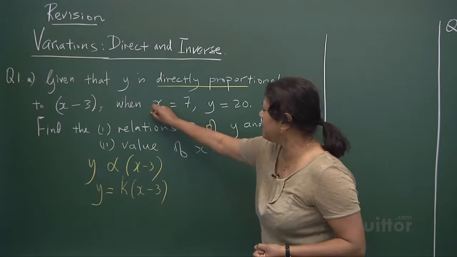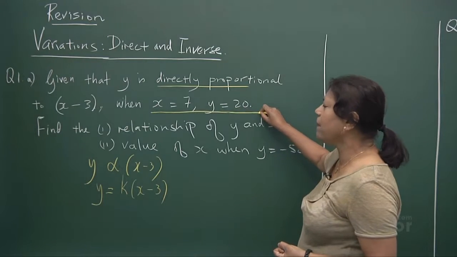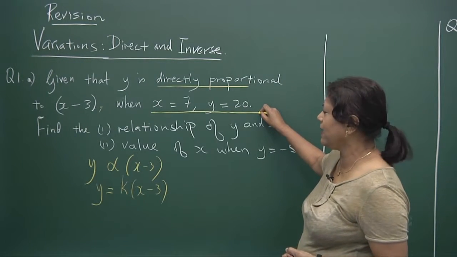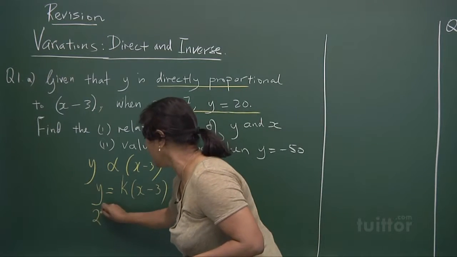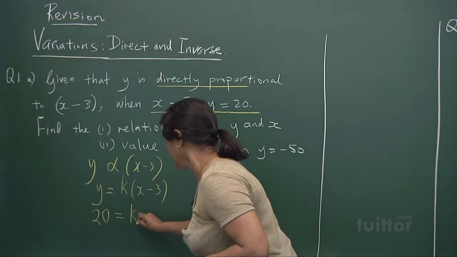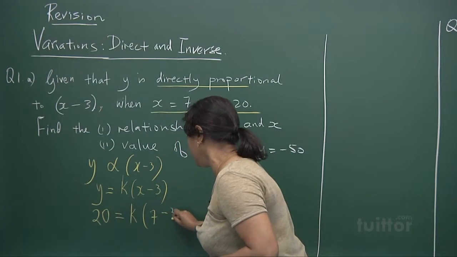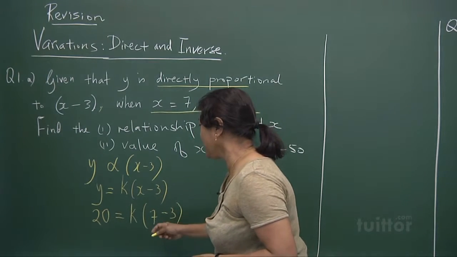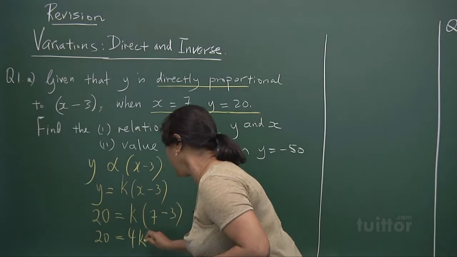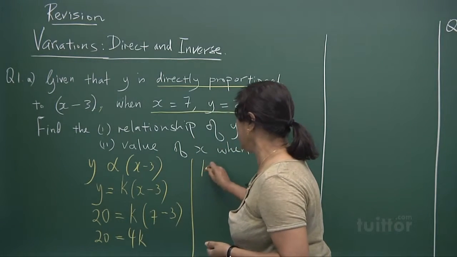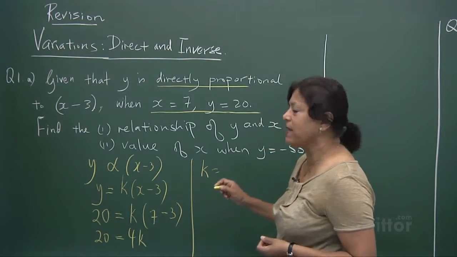Now, this vital information here will help us to find what k is. When x is 7, y is 20. So you put 20 equals k times, x is 7, 7 minus 3. So we find that you've got 4k here. 4k is 20. Hence, k equals 20 divided by 4.